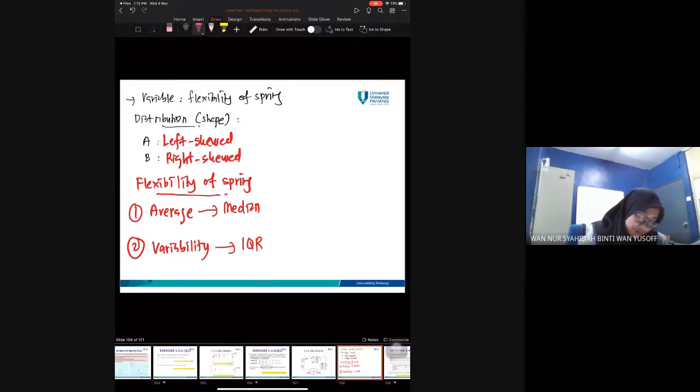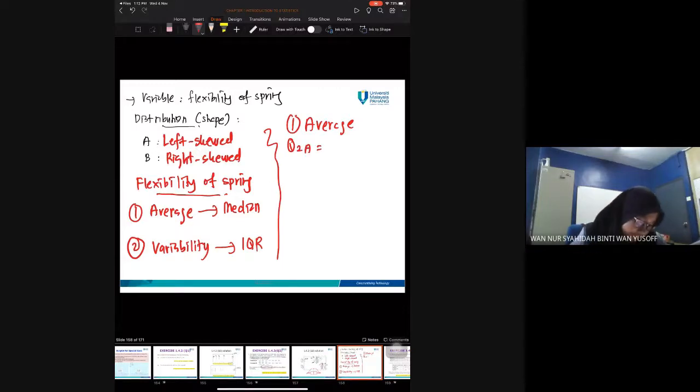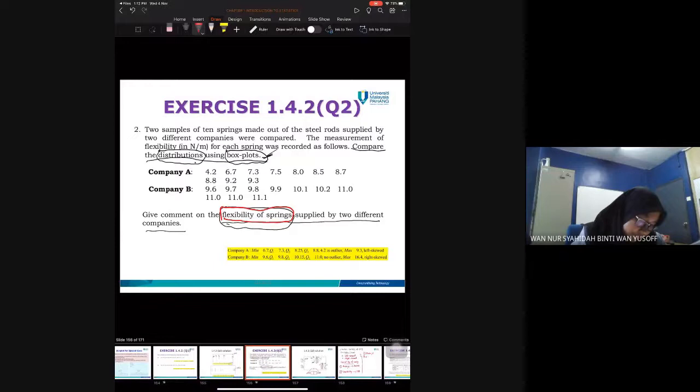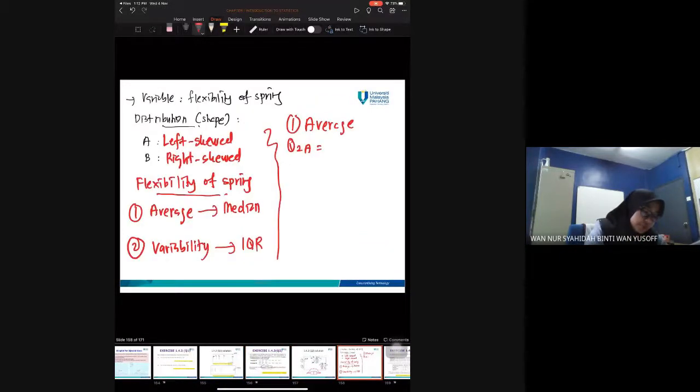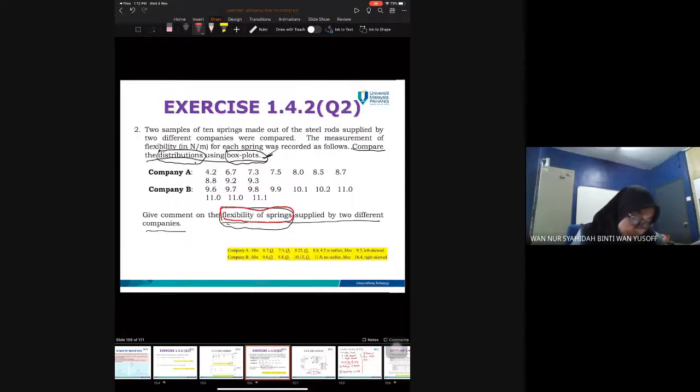So what do we do here for the average? Median is the Q2 value. Q2 of A, we have 8.25. Q2 of B, we have 10.15.